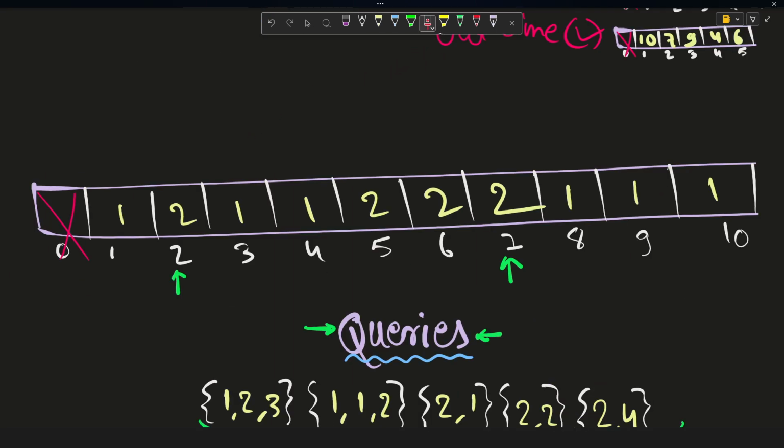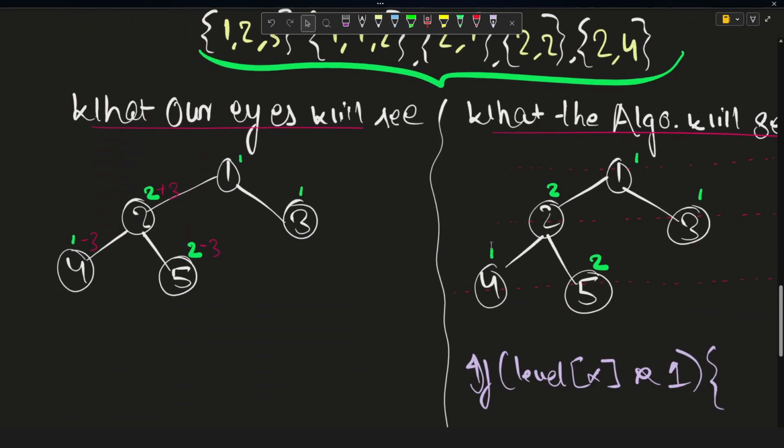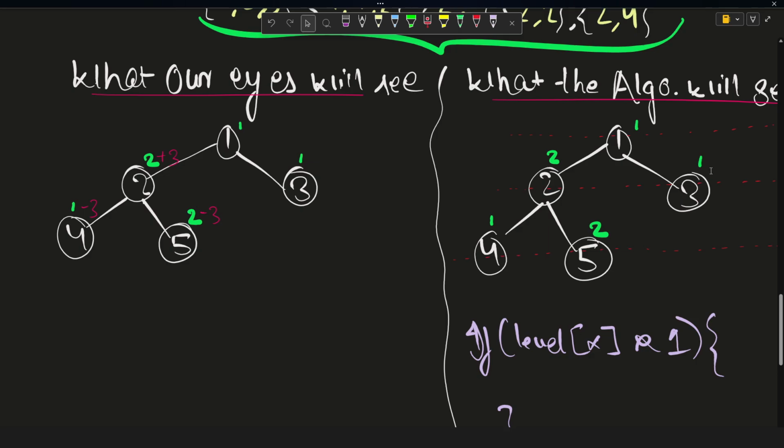So instead of putting 2 here, that is the value for the second node which was present at an odd level, I will put a -2 here. Similarly for the third node, I will put -1 instead of +1.